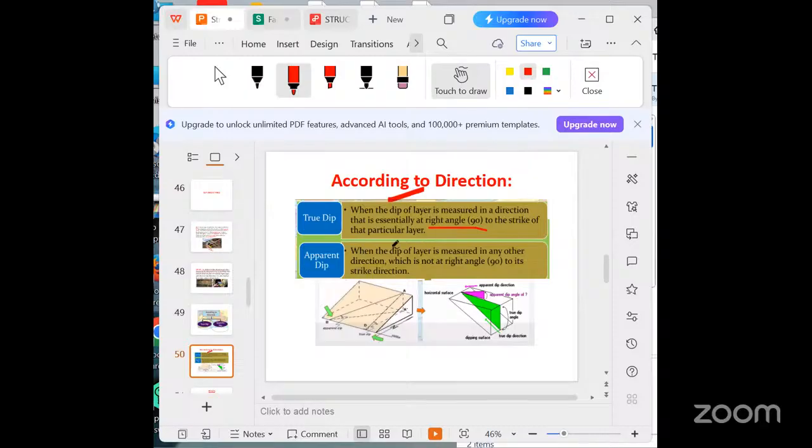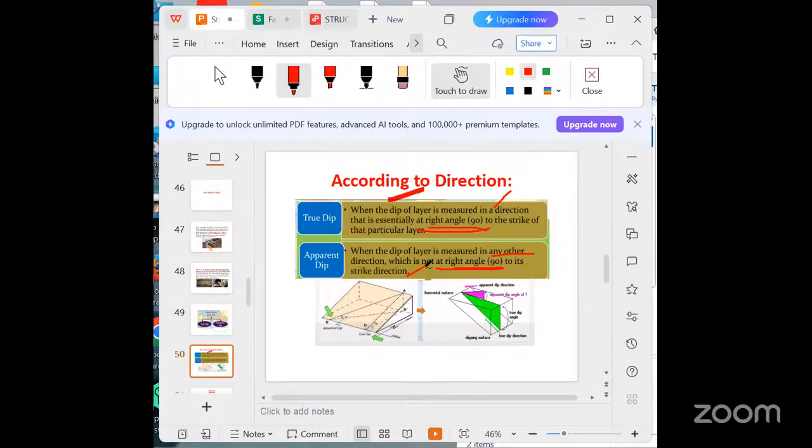And apparent dip means when the dip of a layer is measured in any other direction, not only the one true dip direction. This is the difference between true dip and apparent dip. True dip is essentially at right angle, while apparent dip is not at 90 degrees to its strike direction.